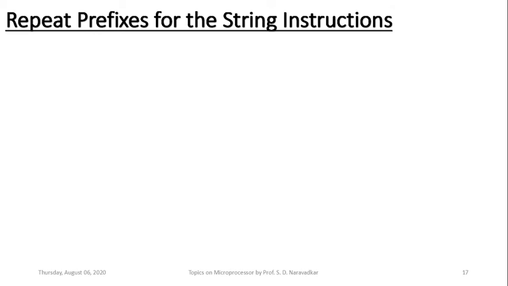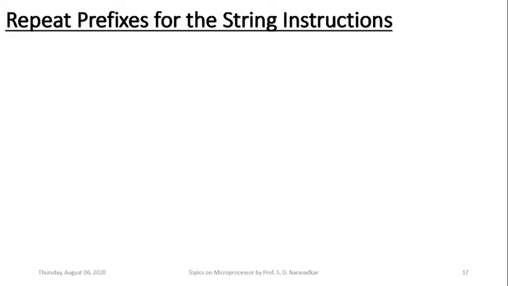It means that I want to repeat the basic string instruction on multiple bytes or multiple words, so that the single string instruction becomes more powerful. And this is possible by using repeat prefixes. I want to repeat a certain string instruction multiple number of times, so that multiple bytes or multiple words can be processed as per the corresponding string instruction.